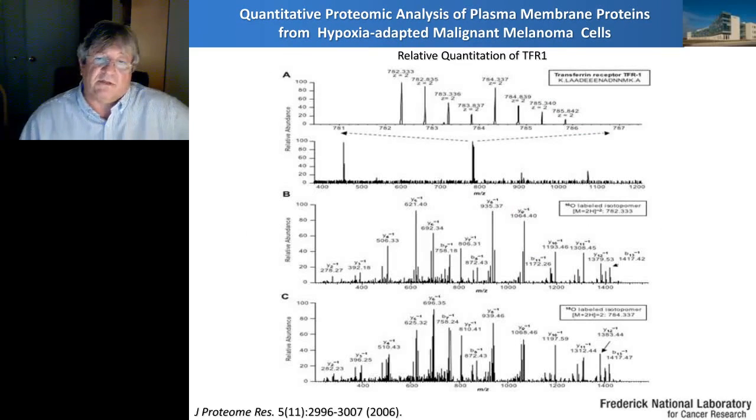So this is a mass spectrum for the people who understand mass spectrometry. Here is a base peak chromatogram. Here is the parent ion of the light-label and heavy-label peptide, and we can see the MS/MS of all of them. This is the transferrin receptor.